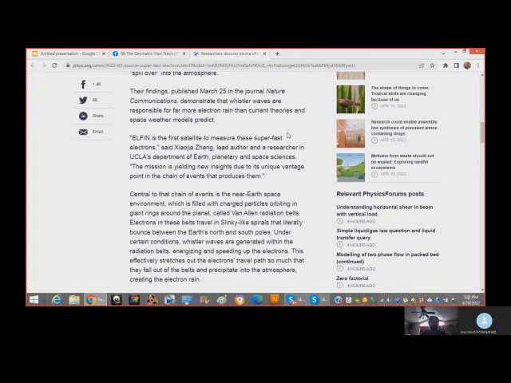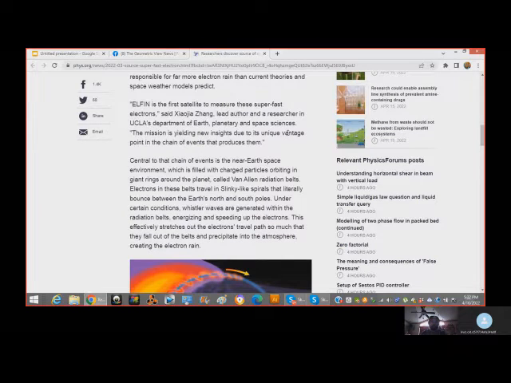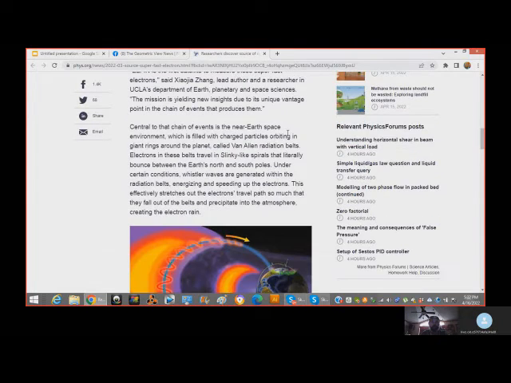ALPHA is the first satellite to measure these superfast electrons, said the lead author and researcher in UCLA's Department of Earth, Planetary and Space Sciences. The mission is yielding new insights due to its unique vantage point in the chain of events that produces them. Central to that chain of events is the near-Earth space environment, which is filled with charged particles orbiting in giant rings around the planet, called the Van Allen radiation belts.